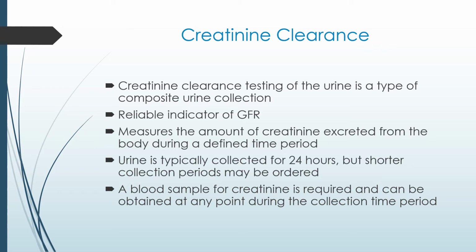Urine is typically collected for 24 hours, but shorter collection periods may be ordered. And then a blood sample for creatinine is required and can be obtained at any point during the collection of this 24-hour period, or whatever time frame the doctor has chosen.